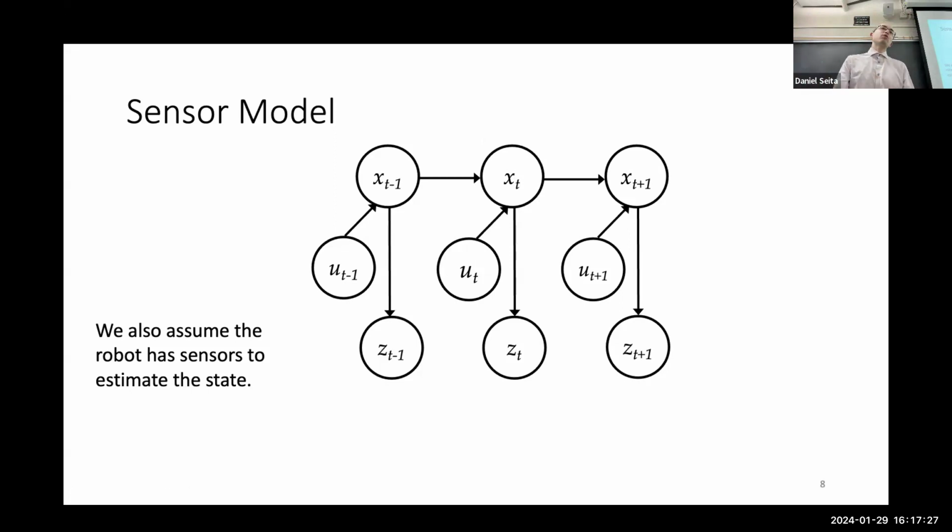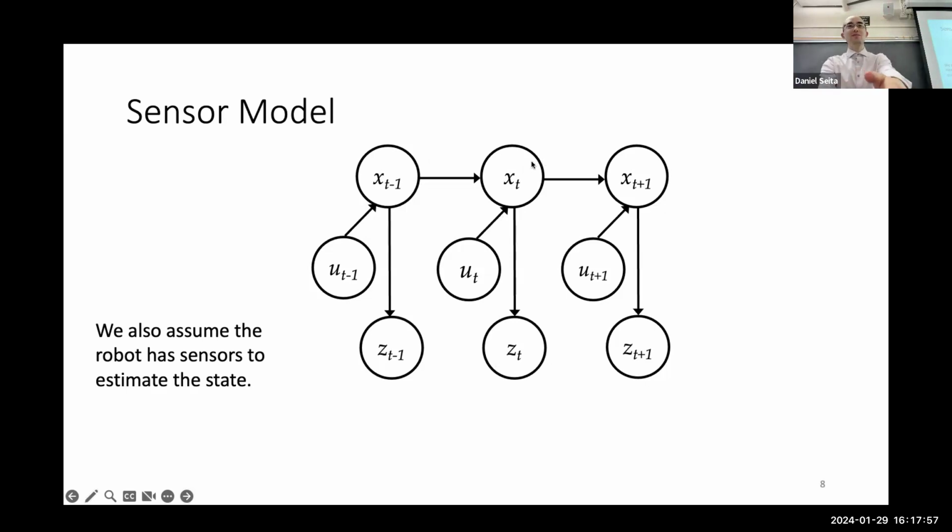But we can have a sensor, like a GPS unit, that gives us a noisy approximation of where the robot is. These sensor readings are denoted as zt. This is the sensor reading that we get when we measure the sensor while the robot and the environment are at state xt. Again, this happens for all time steps that we're considering.